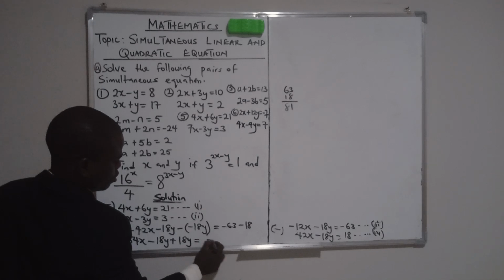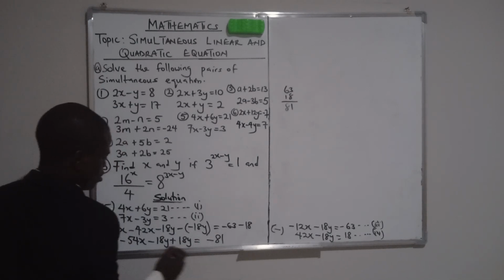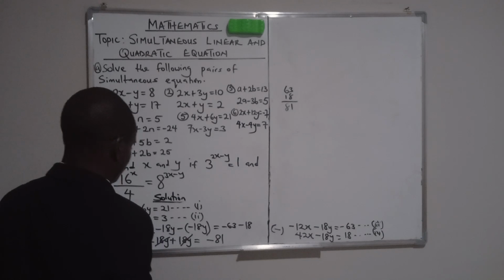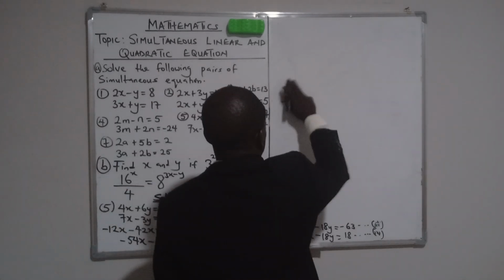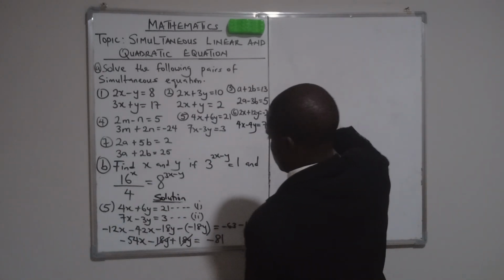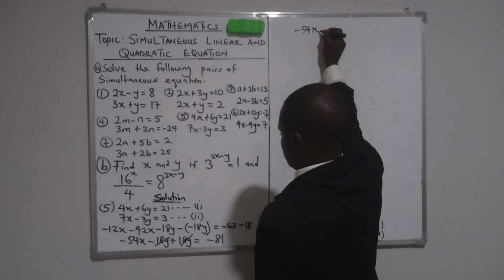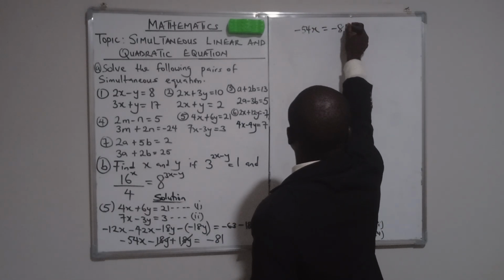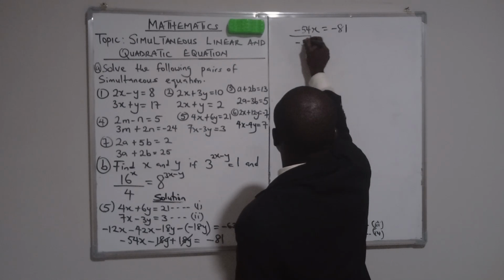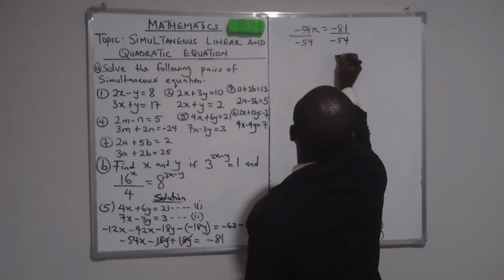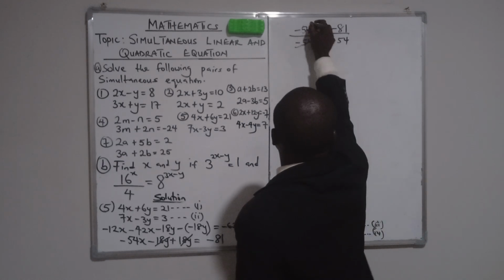That's minus 81. This will cancel out. We are left with minus 54x equals to minus 81 divided by minus 54. Minus 54 cancel out.